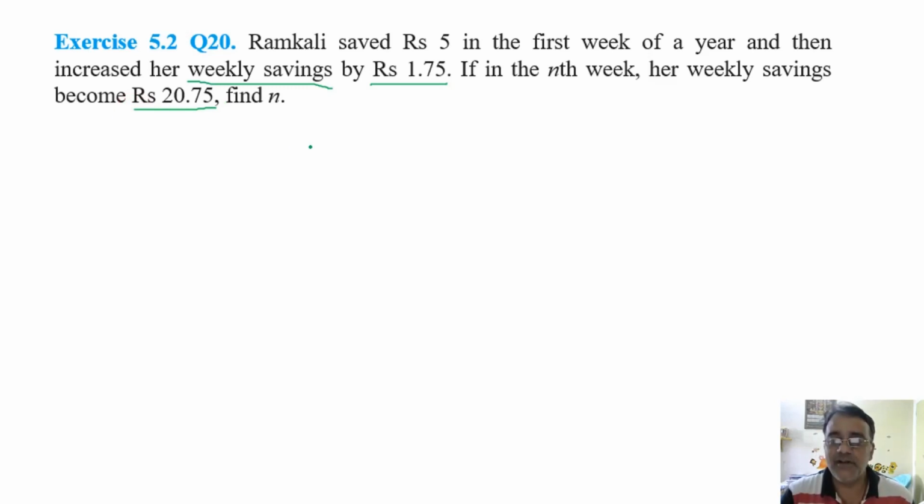So first of all, her saving is increasing uniformly every week by rupees 1.75. So what you have to write: since each weekly saving is increasing uniformly by rupees 1.75, therefore it will form an AP.